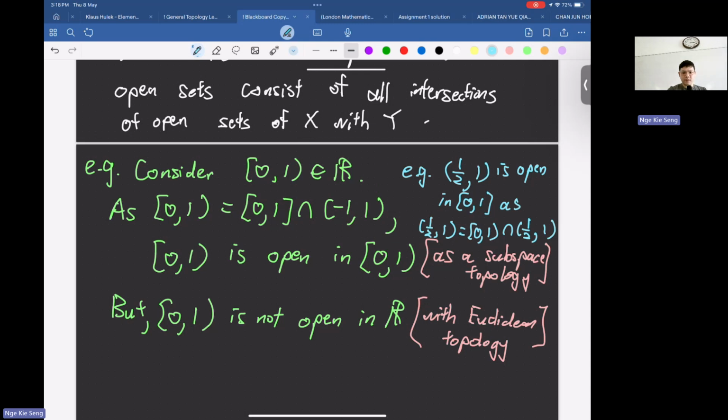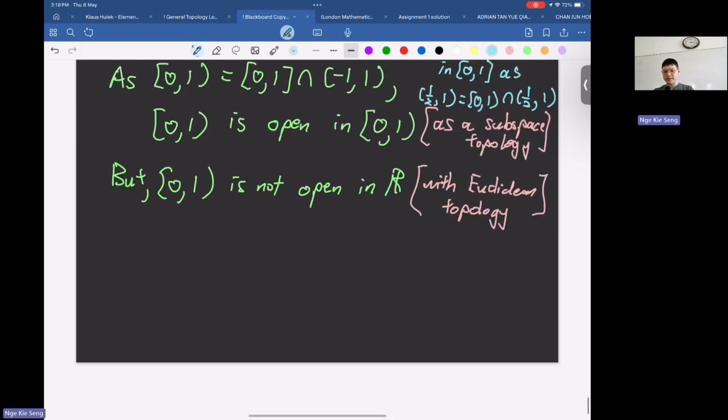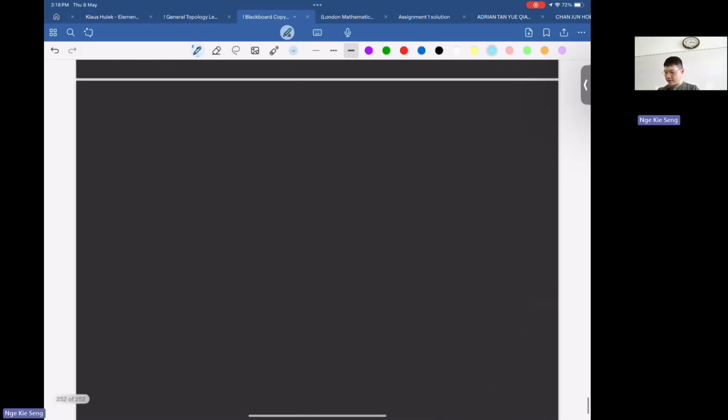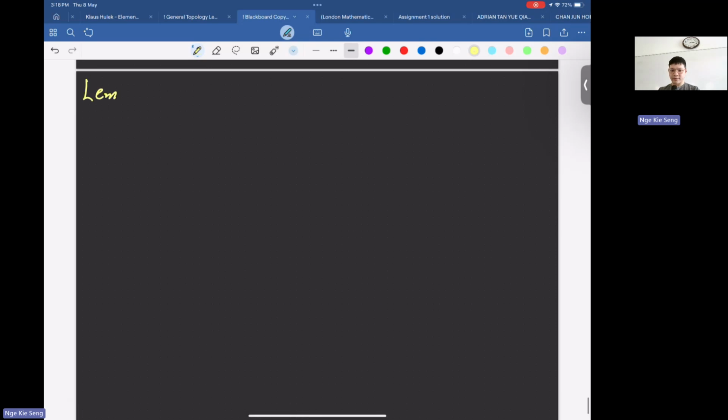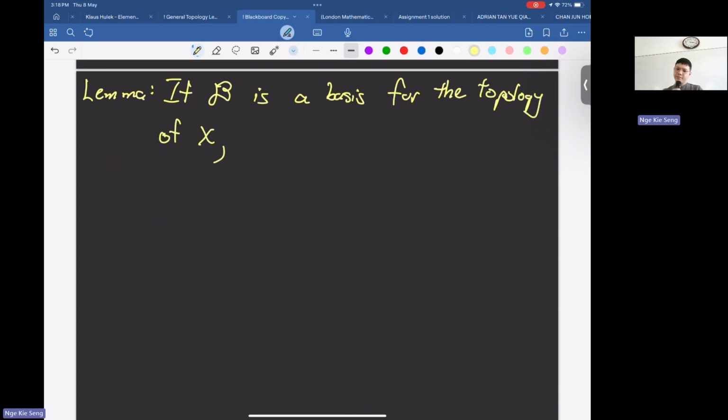One thing you can show is, what's the basis for this subspace topology? Let's say we have a basis for the topology of X. If you have a basis for the topology of X, then what do you think is a basis for your subspace topology?